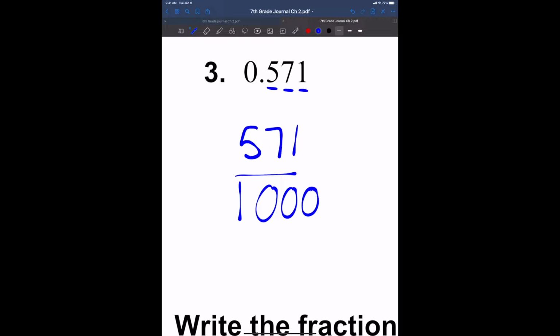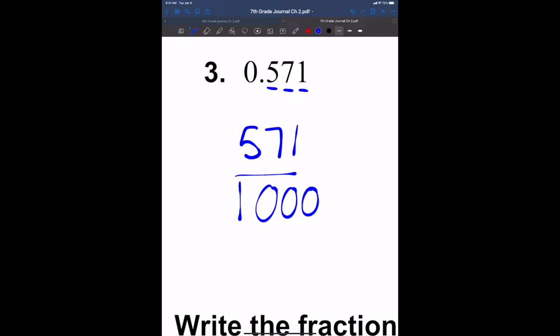No. 571. There are things that equal 571. Like if I take my calculator and I say 571 divided by 3. Oh, no, that didn't work. 571 divided by 9. No, that didn't work. Divided by 4? Ooh, we're getting kind of close.